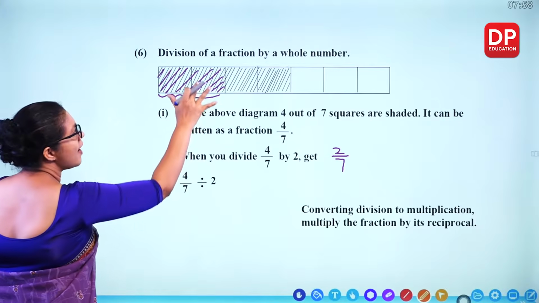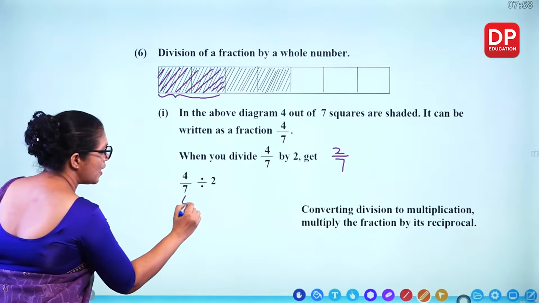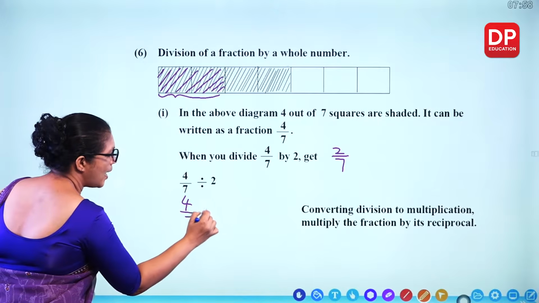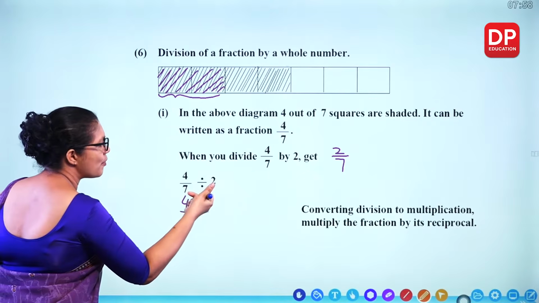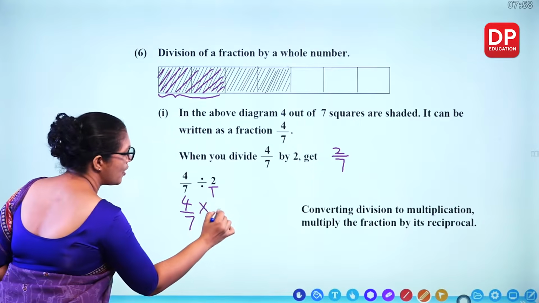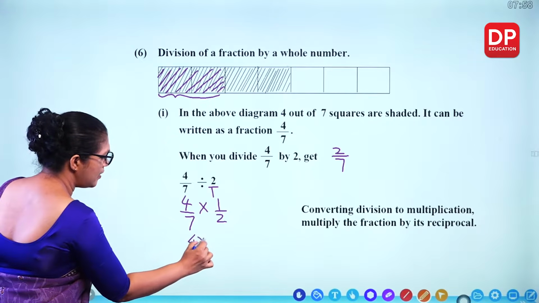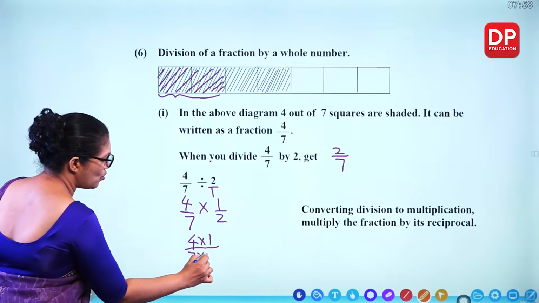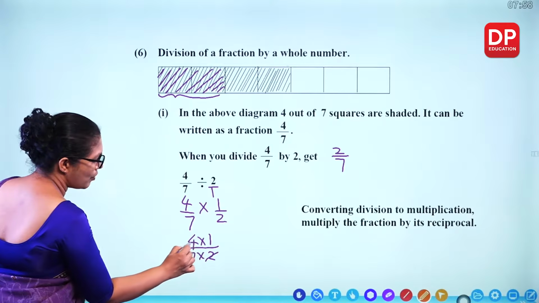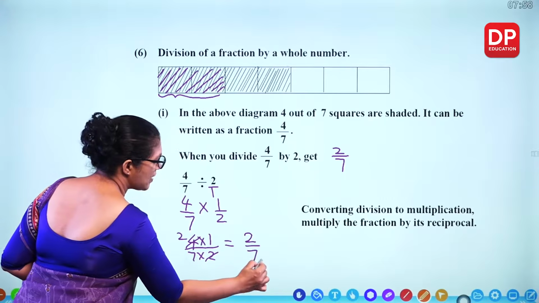You can write the same question, 4 over 7 divided by 2, as 4 over 7 multiplied by the reciprocal of 2 over 1. What's the reciprocal? 1 over 2. Now 4 times 1 and 7 times 2. 2 and 4 you can cross out and write 2, and the answer is 2 over 7.